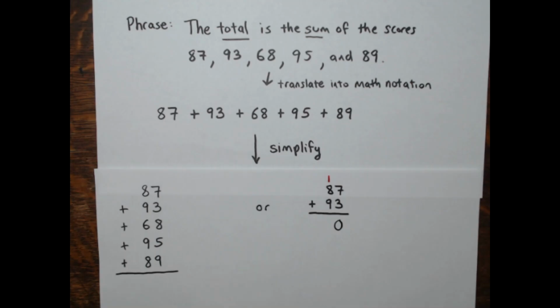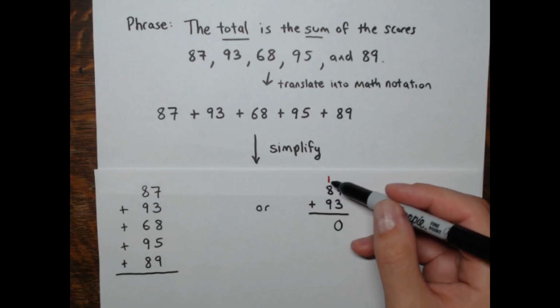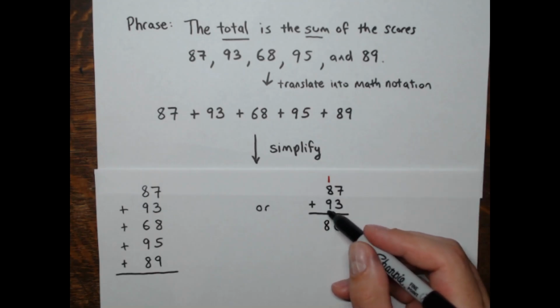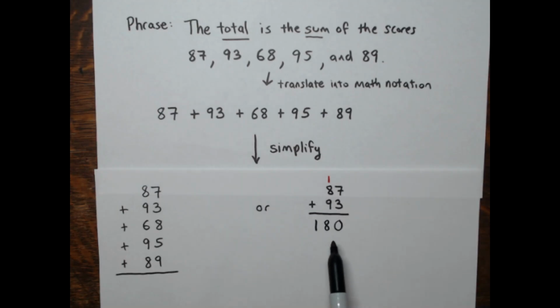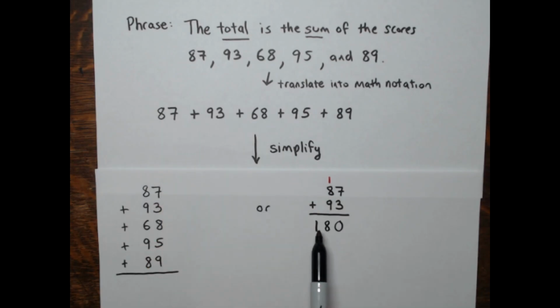And I carry that 1 ten to the tens place. And then I add up the tens digits, 1 plus 8 is 9. 9 plus 9 is 18. So that's 8 tens and 100, which there's no other hundred, so I'll just put the 1 here. All right, so the sum of these first two is 180.